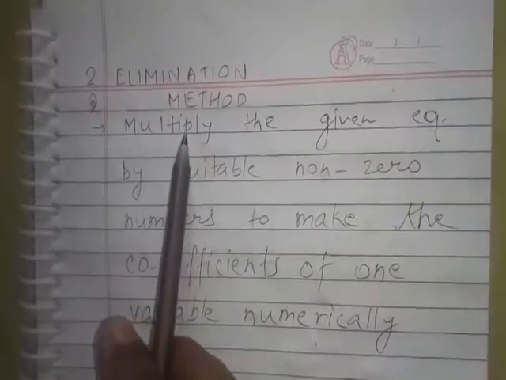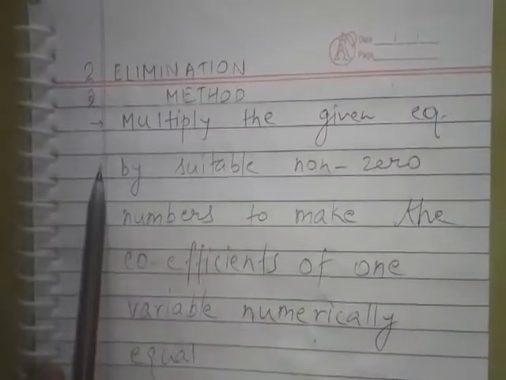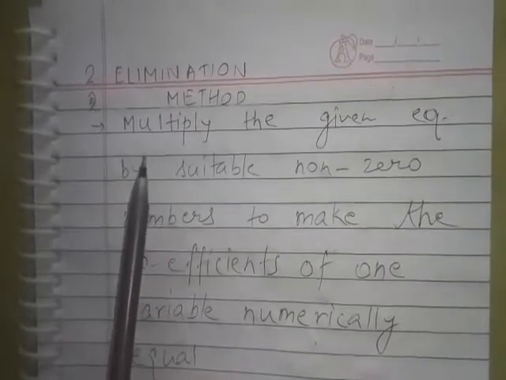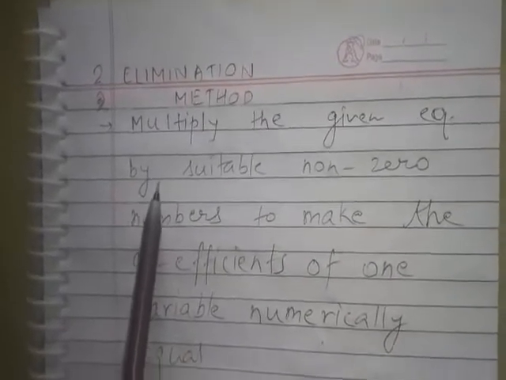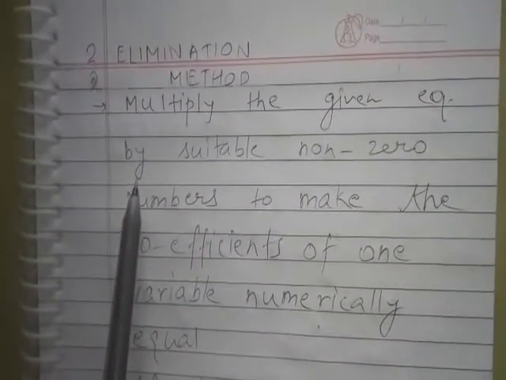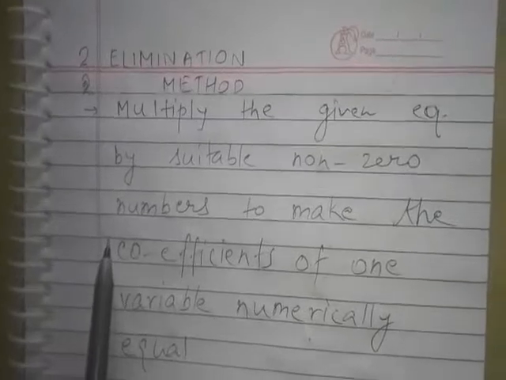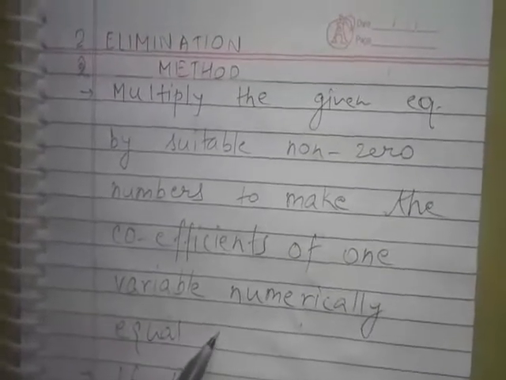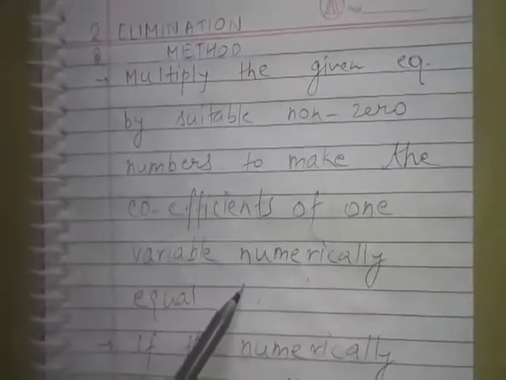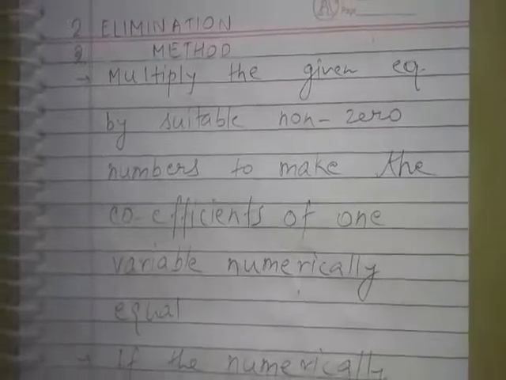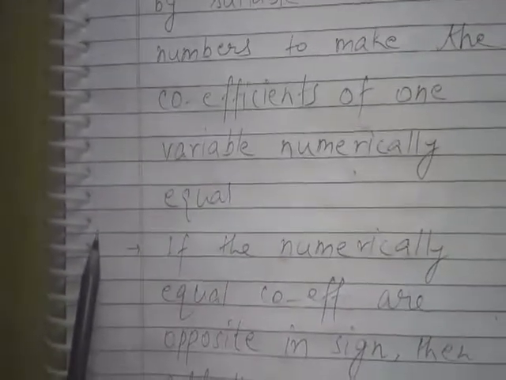In the elimination method, we have the very first step. We have to multiply the given equations by any suitable non-zero numbers to make the coefficients of one variable numerically equal. As we have two variables, we will make one variable numerically equal.